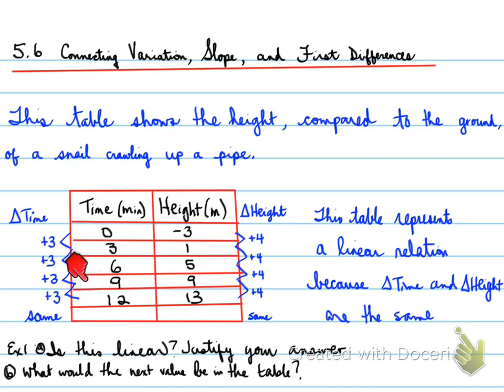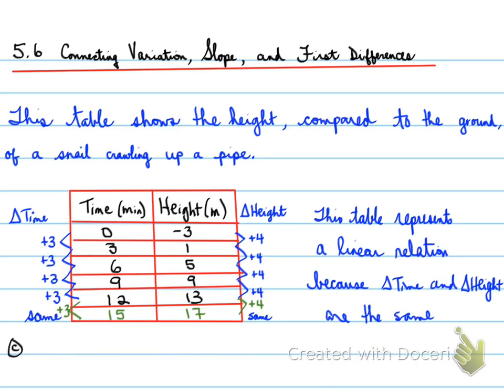In the x values, what we're doing is adding 3. So 12 plus 3 gives us 15. Now on the other one, we have 13 plus 4, which will give us 17. So the next value in the table would be 15, 17.